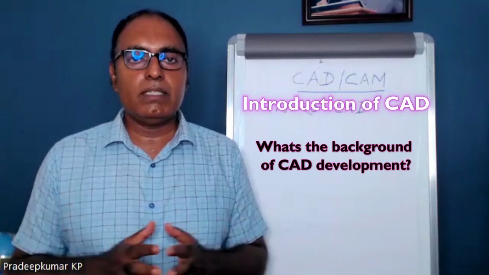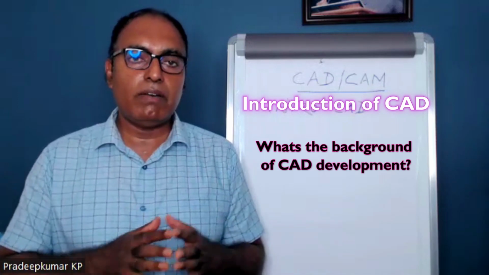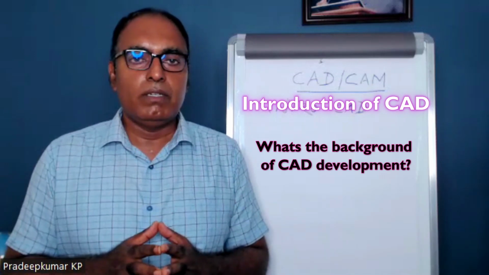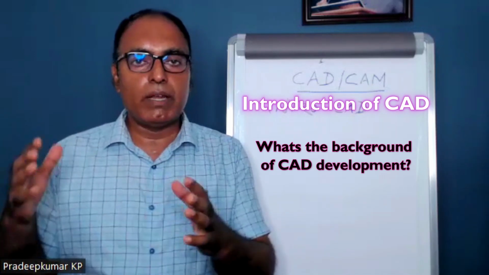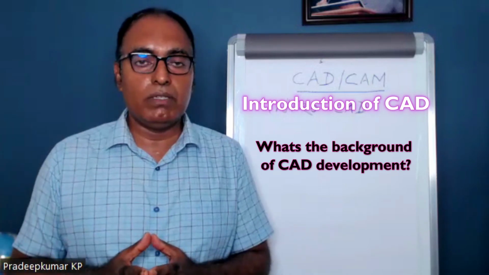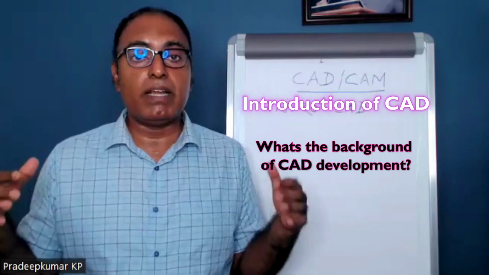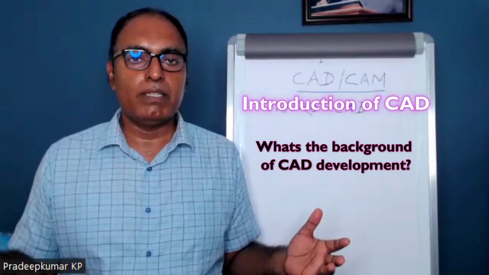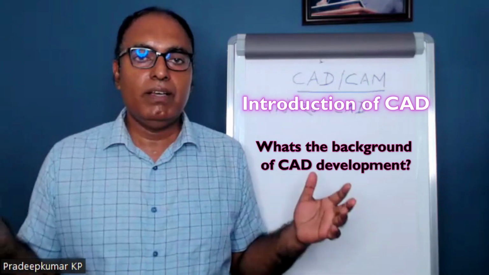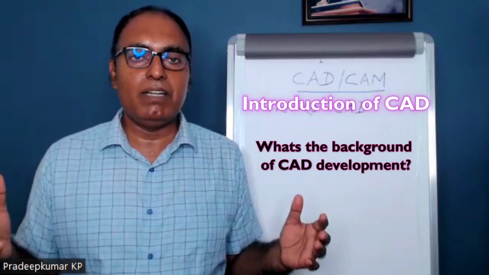Like this, General Motors was developing its own software. Dassault Systemes or Boeing and others were developing their own systems, and different companies were developing as per their application requirements. So there is a number of CAD software packages available in this world.